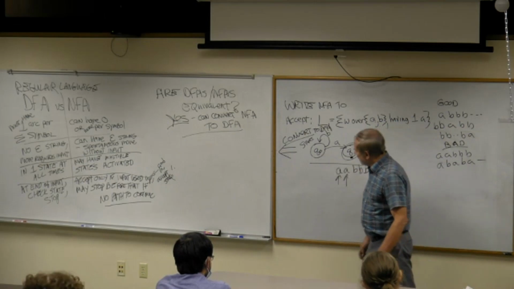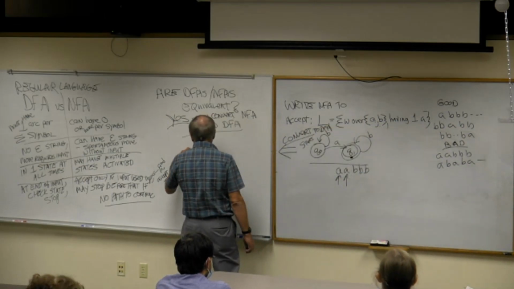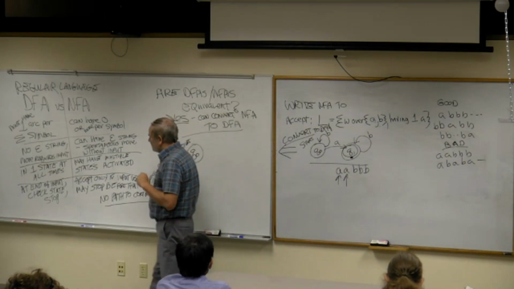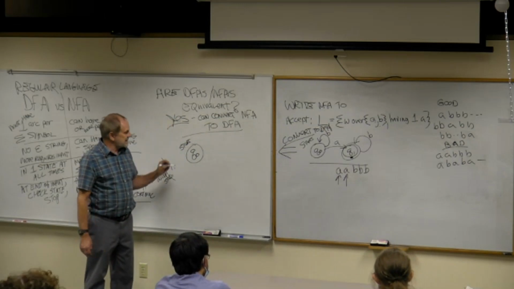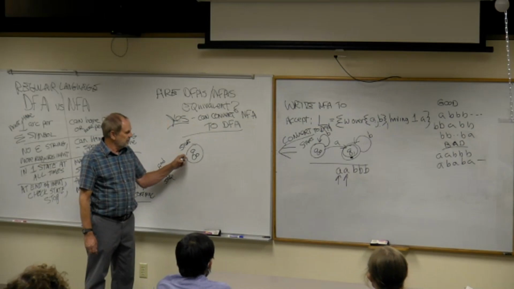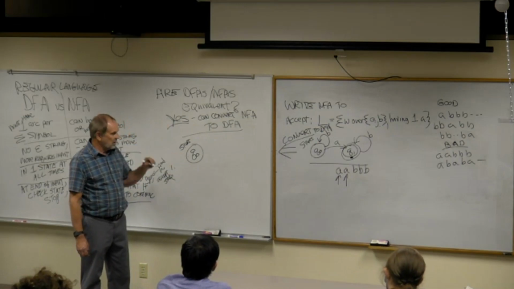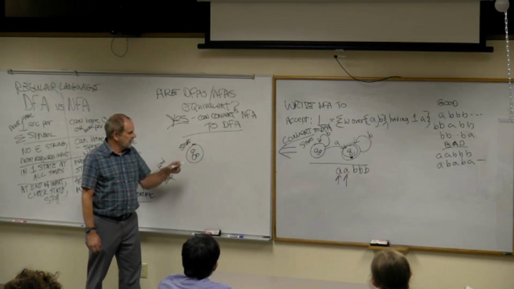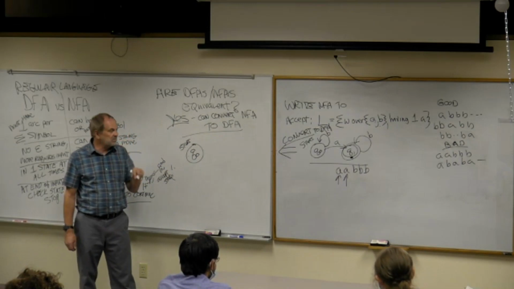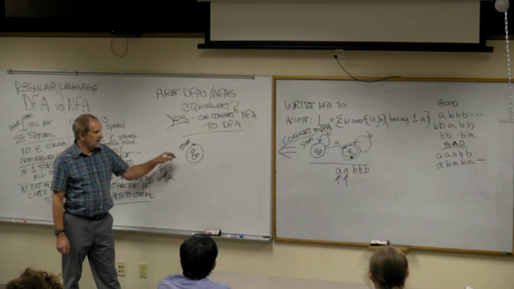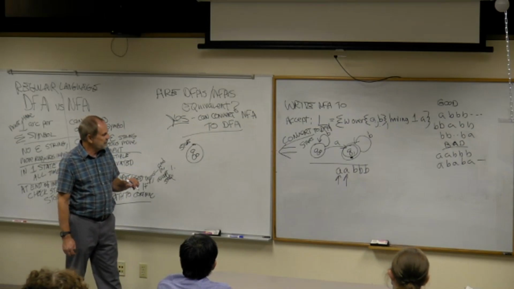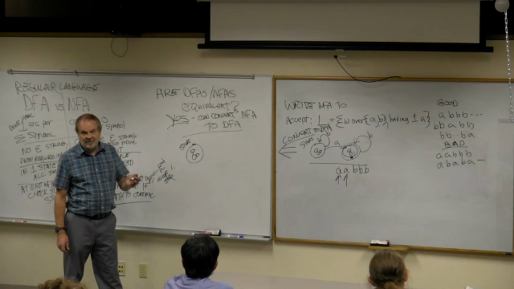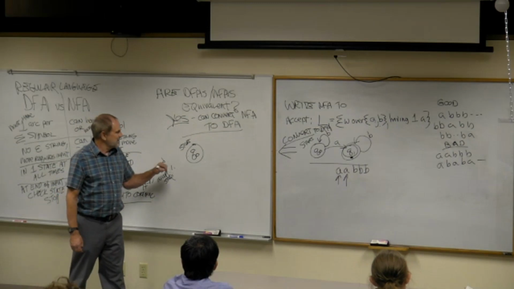I have a handout for you so you can follow along, and I will also post it. From that initial state, for each symbol in the alphabet, figure out where the NFA can go.